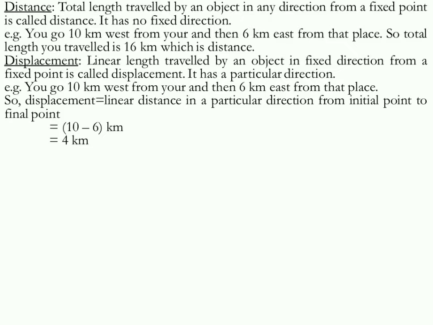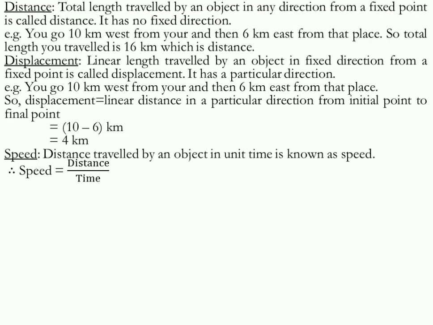Earlier we started 10 km west, then we came 6 km east. So 10 minus 6, 4 km is the displacement. This is the minimum distance from final position to initial position. So this is called displacement.